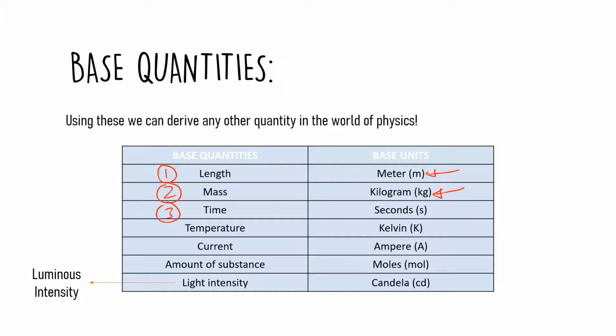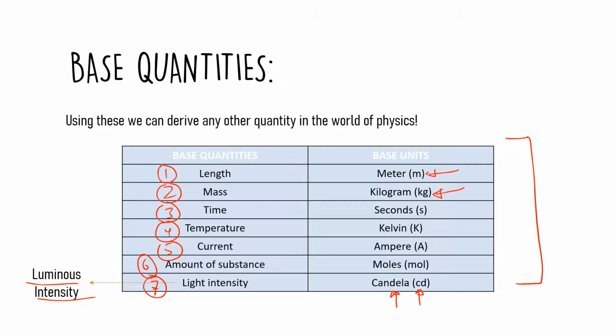The third is time, which is in seconds, small s. The fourth one is temperature, which is Kelvin, capital K. The fifth one is current, which is amperes, capital A. And we have amount of substance, which is measured in moles, and the symbol is mol. And lastly is the light intensity, also known as luminous intensity. The base unit for this is candela, with the symbol being cd.